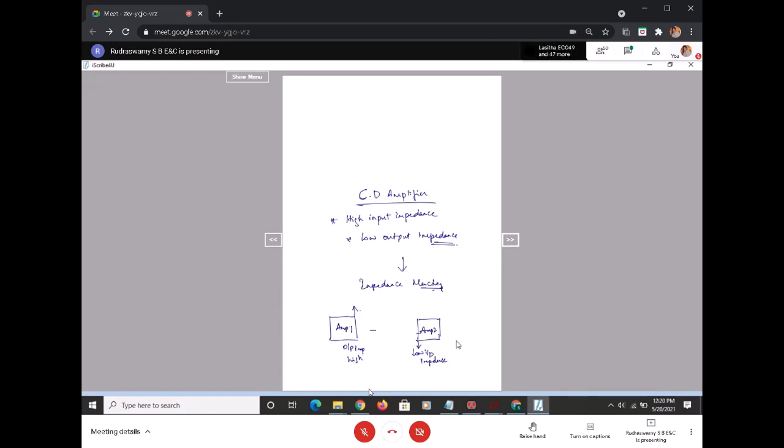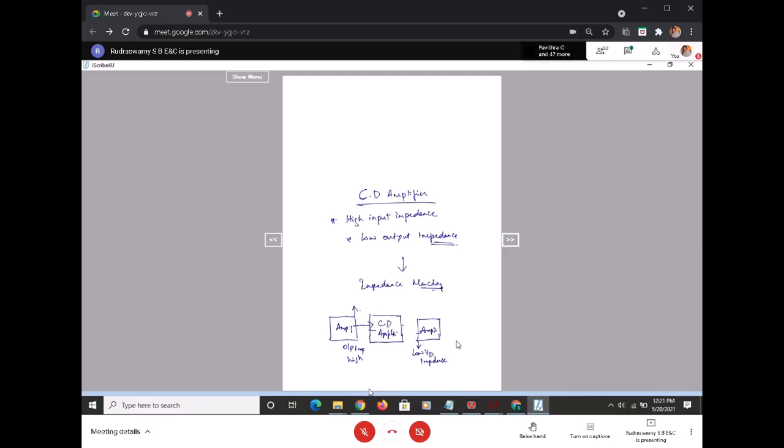So now what I'll try to do is, in between this, I'll introduce what we just designed, that is the CD amplifier. Now can I connect the output of amplifier 1 to the input of the common drain amplifier? Yes or no?